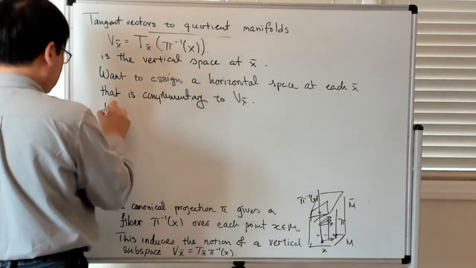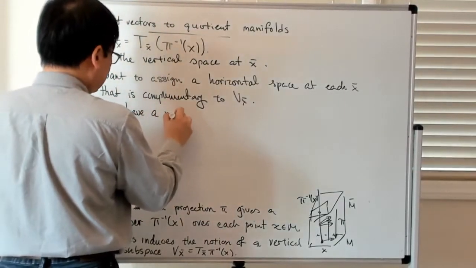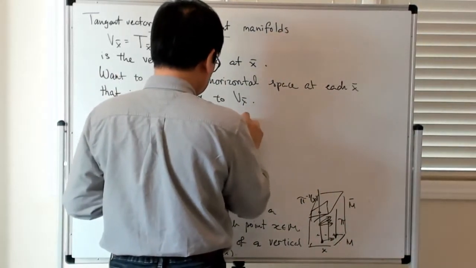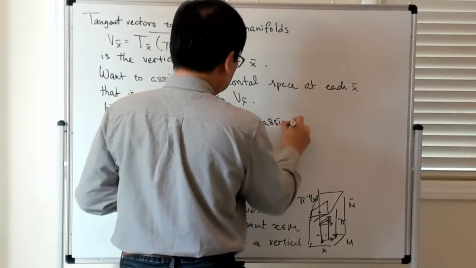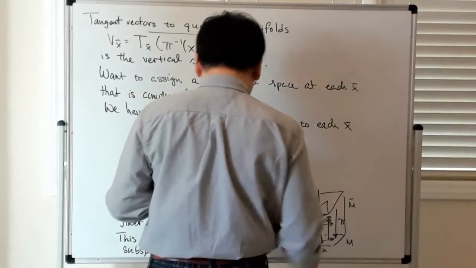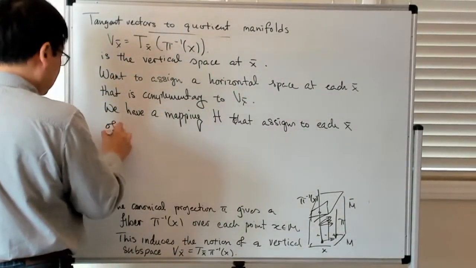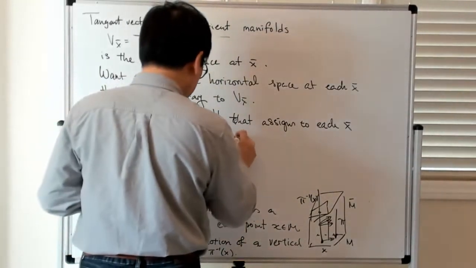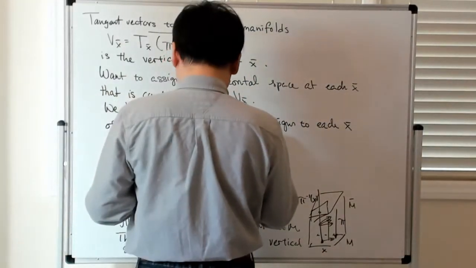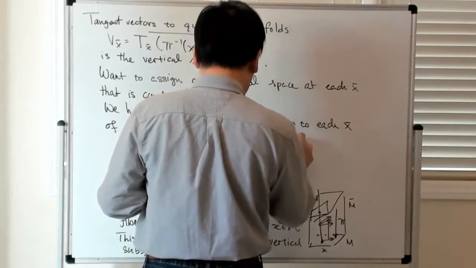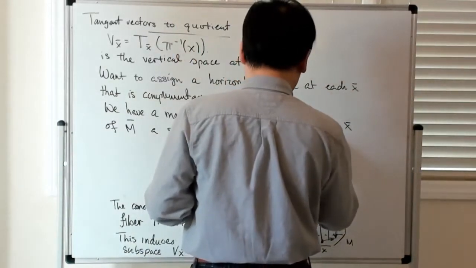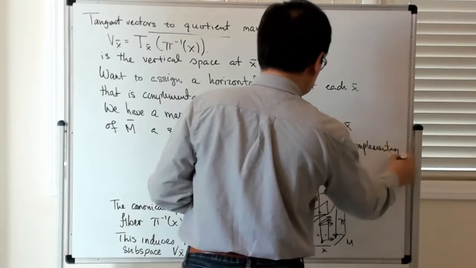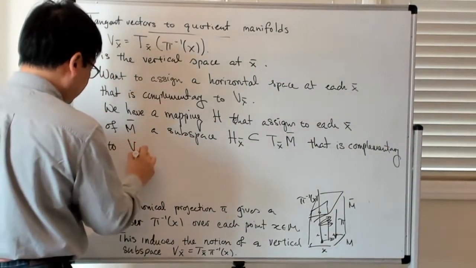I have a mapping, let's call it H, that assigns to each x bar of M bar a subspace, let's call it H sub x bar, contained in Tx bar M bar, that is complementary to Vx bar.